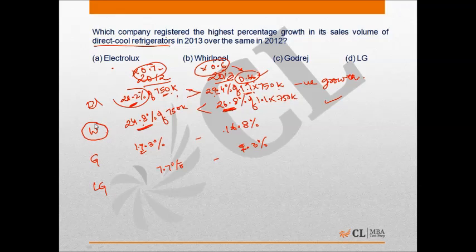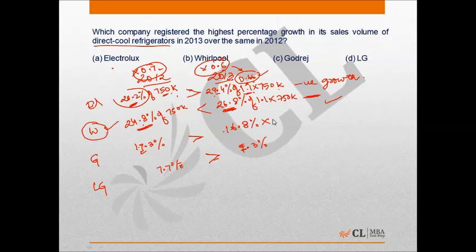So without calculating, we can clearly say that Whirlpool registered the highest percentage growth in its sales volume. It has shown a positive growth. The others will definitely show negative growth.